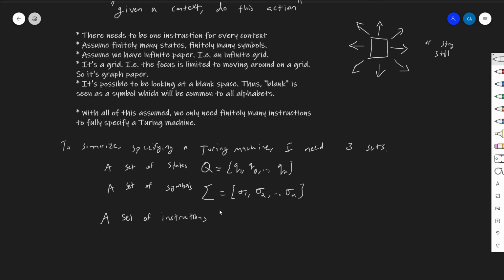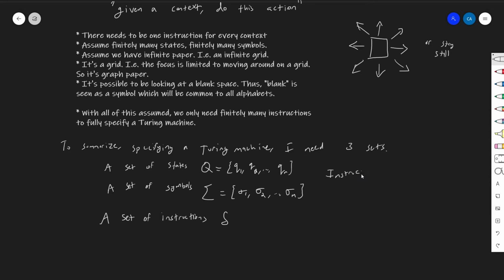And this is going to be a lot bigger of a thing than these two. And I'm going to call the set of instructions lowercase delta. Delta is technically a function. It's a transition function. That's what tells you how to transition from one step to another. And an instruction, let's give it a common form so I can think about it more mathematically.